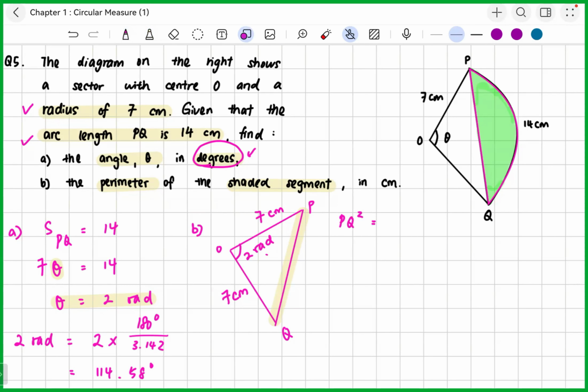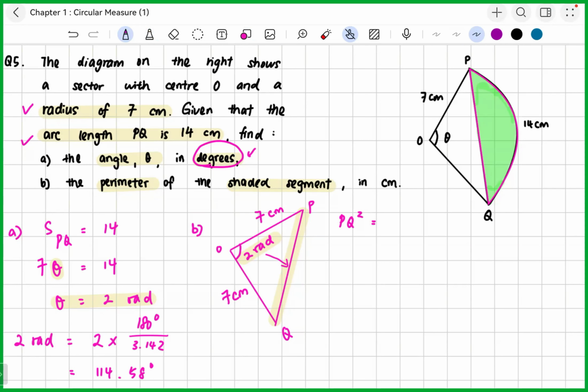The opposite to the angle. So what is the opposite of the angle? The angle just now is POQ, and the opposite side of the angle is actually PQ. So PQ square equals to what? Equals to the two adjacent lengths of the angle.